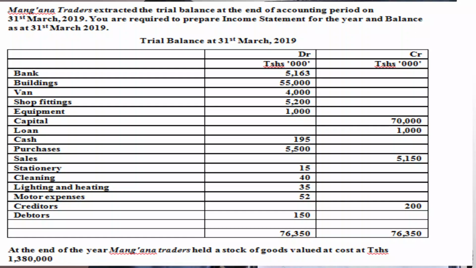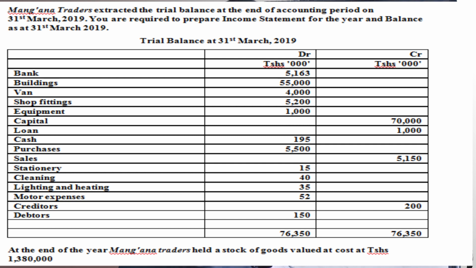The information that you are given says Mang'ana Traders extracted the trial balance at the end of the accounting period on 31st March 2019. You are requested to prepare the income statement for the year ended and the balance sheet for the year ended 31st March 2019. That was the requirement of the question.